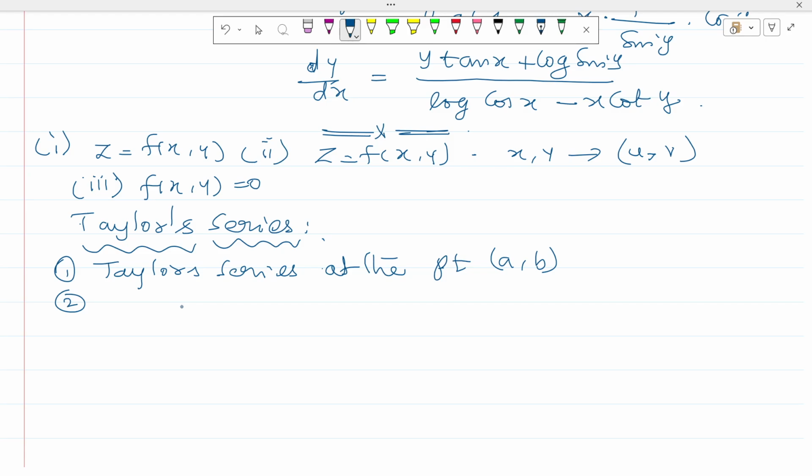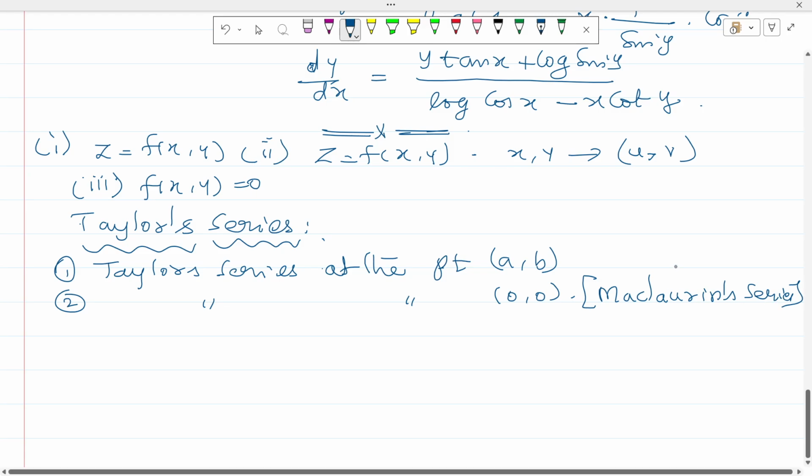Second one is Taylor series at the point of origin. The Taylor series at the point of origin is known as Maclaurin's series.